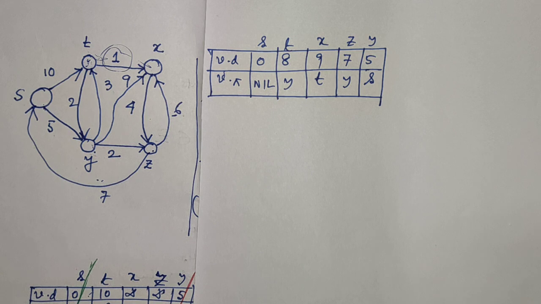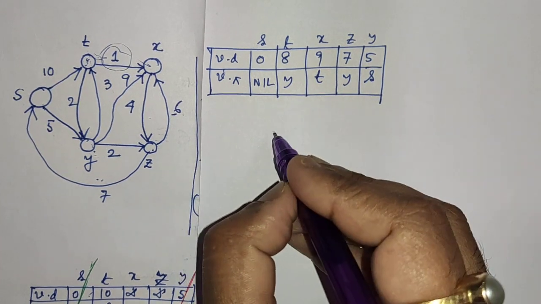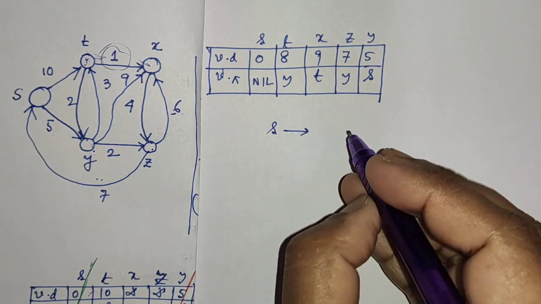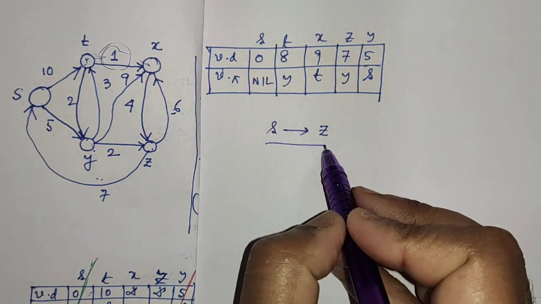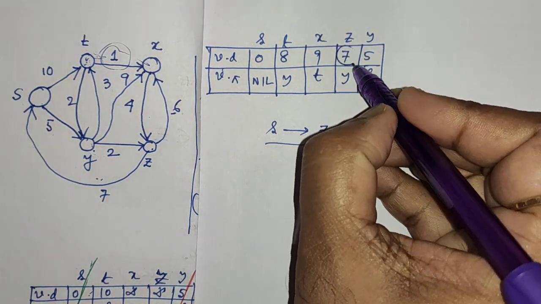Now the beauty of the algorithm is, take any two vertices. One of them must be the source. Suppose you have decided to move from source to Z. What is the shortest distance from source to Z? This is 7.